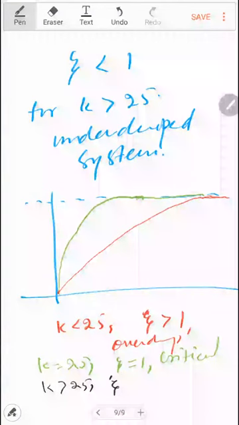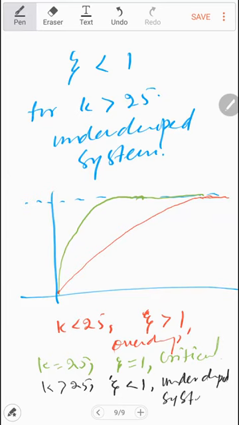If you place this greater than 25, then zeta should be less than 1. And for zeta less than 1, we have the underdamped system, and for an underdamped system, we get the system with overshoot, and then we get the steady state position.